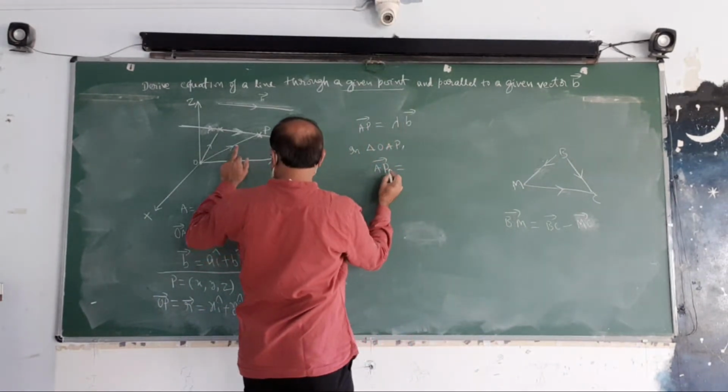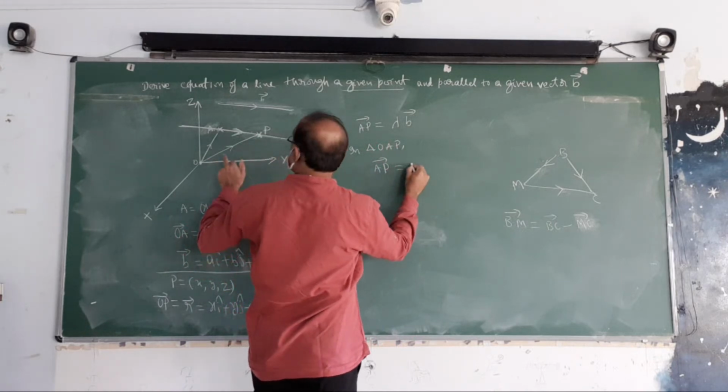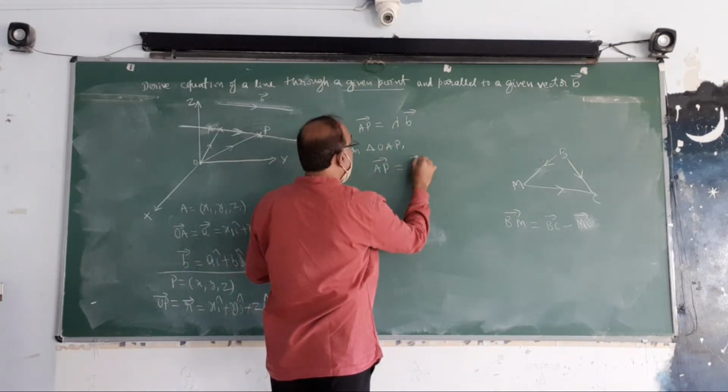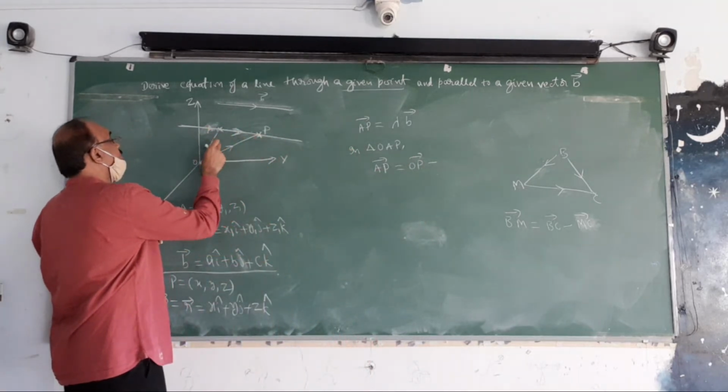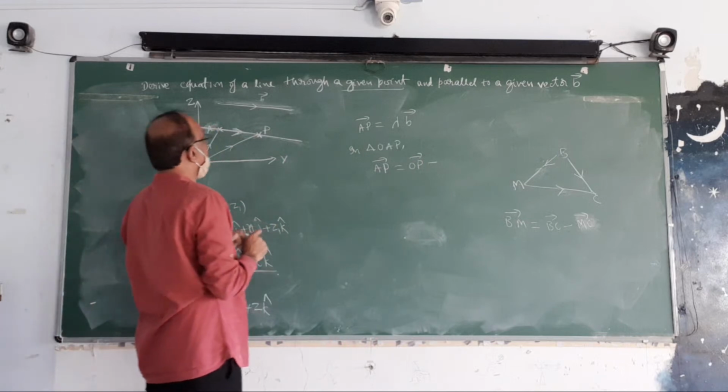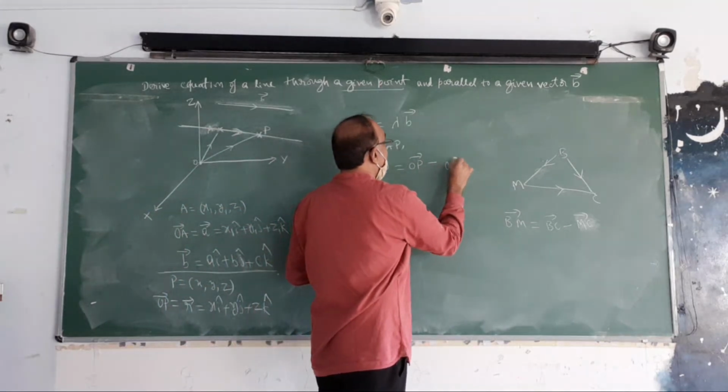So vector AP is vector OP minus, because this thing you wanted opposite, that's why minus OA.